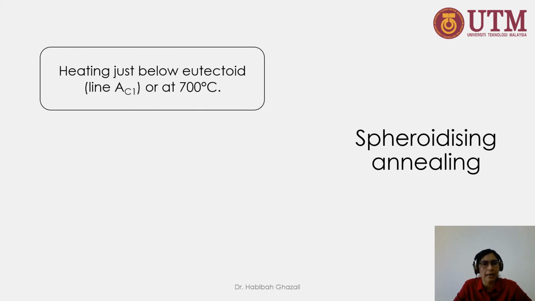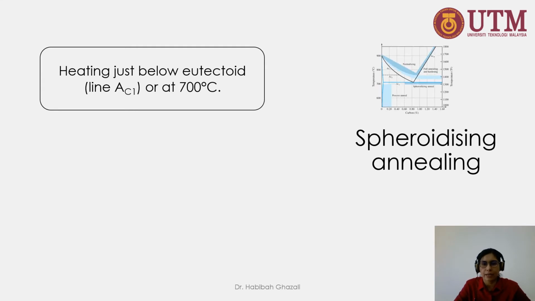This heat treatment process begins by heating just below the eutectoid line at 700 degrees Celsius. The eutectoid line is 727 degrees Celsius, and at this temperature, phase transformation will start to happen, so we want to avoid this. We will heat it up to 700 degrees Celsius.